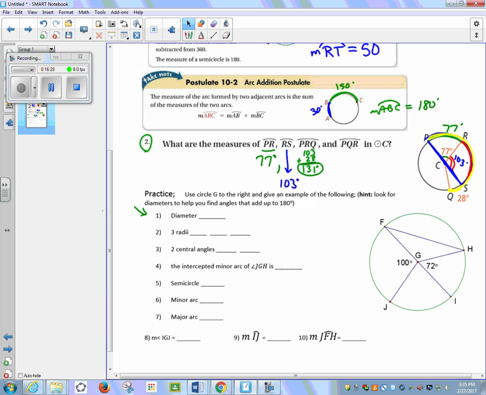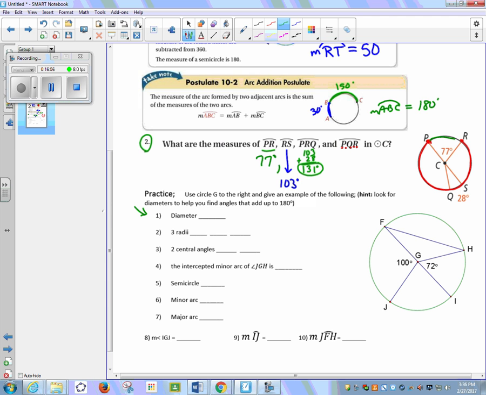All right, and then PQR. Let me erase this piece here. PQR goes from P, don't forget, this gives us directions. It starts at P, goes through Q, it's 3 letters, right? So we're going to go the long way, and end at R. Well, that's pretty much everything except the 77-degree arc, right?